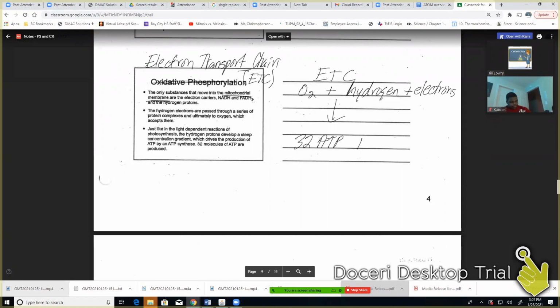There's my other 32, plus 6 water, plus heat. So that's where we get our other 32, and then we put that with the 4 that we got through the other portions, and we get our total of 36.